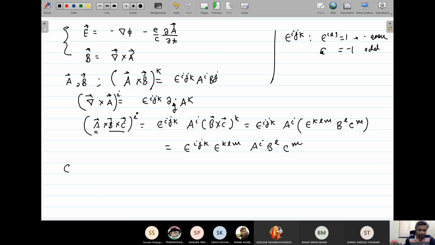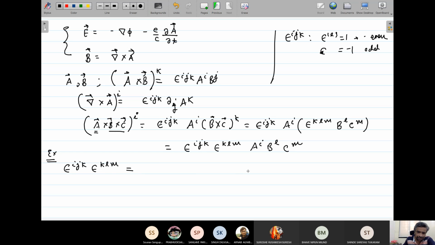Now epsilon ijk epsilon klm, one can show, I will give this as an exercise. Epsilon ijk is antisymmetric under interchange of any two indices i, j, k. This is also antisymmetric under the exchange of any two indices k, l, m.